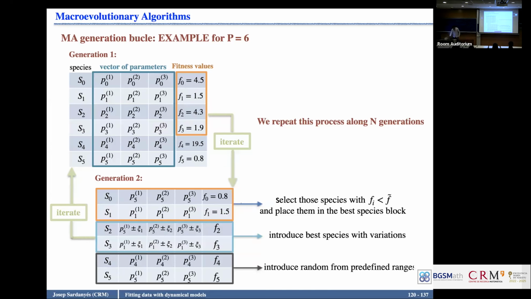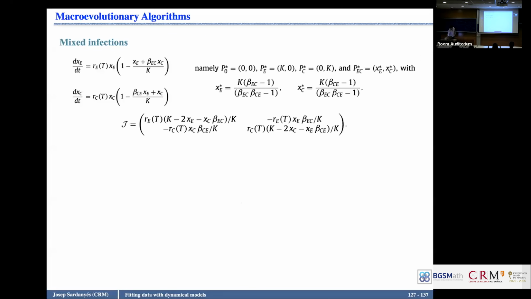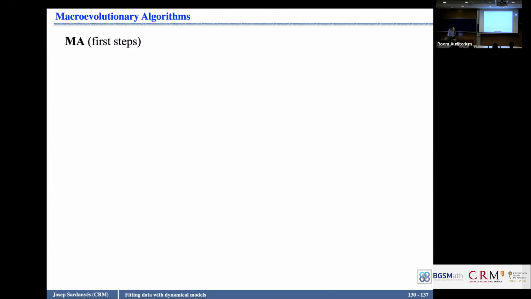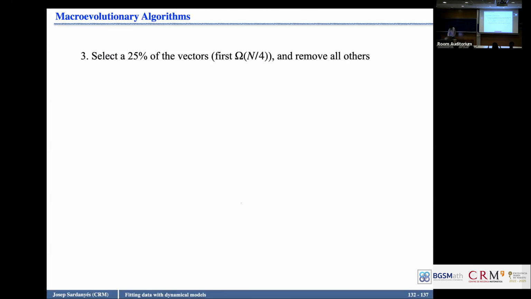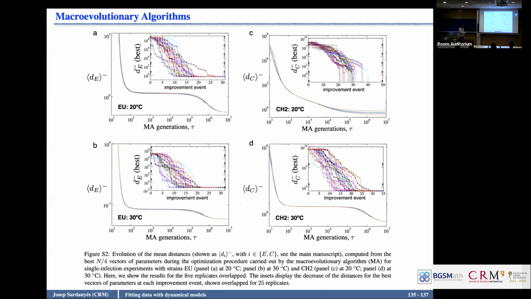But here it is very clear that probably you will find a solution by chance that will be very good, and you will have a very rapid decrease.